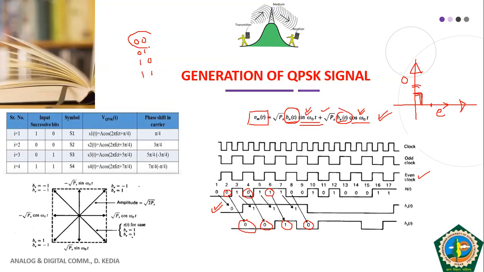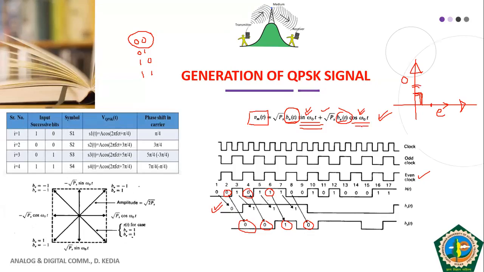These two bits are transmitted together, in parallel, but they are not able to influence each other because they are transmitted through quadrature carriers. That is a very, very important point that you have to understand here. So this is how my QPSK signal is transmitted with the help of quadrature carriers.